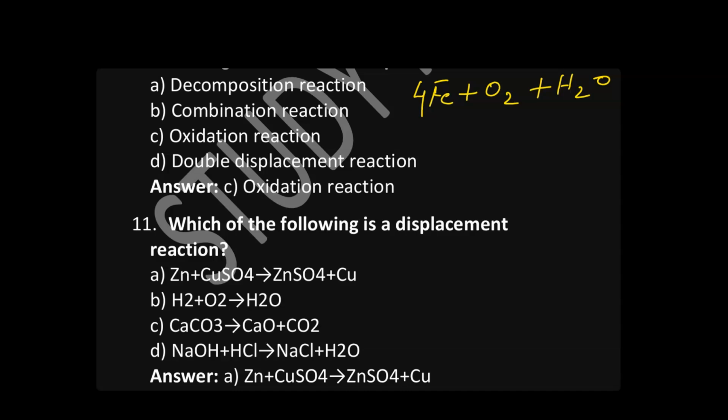Now we balance the reaction: 4Fe plus 3O2 plus 6H2O gives 4Fe(OH)3. This is called rusting of iron. This is an oxidation reaction. Now move on to the next question.